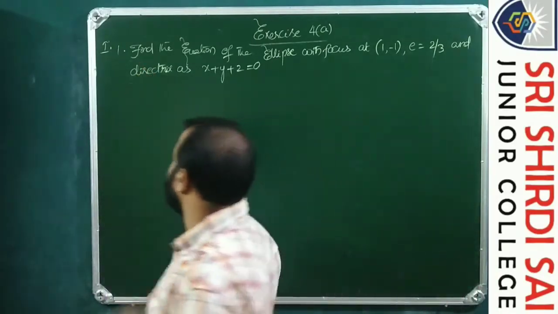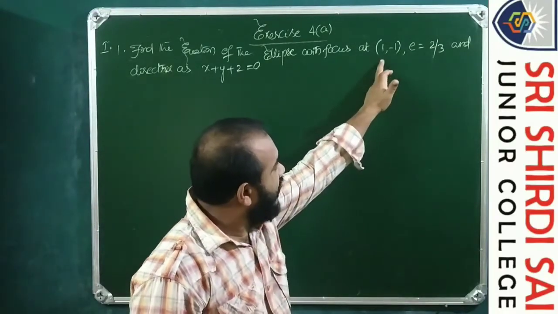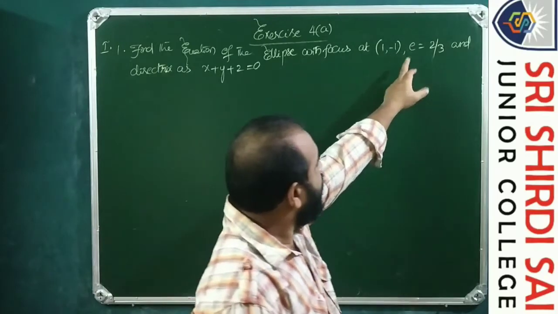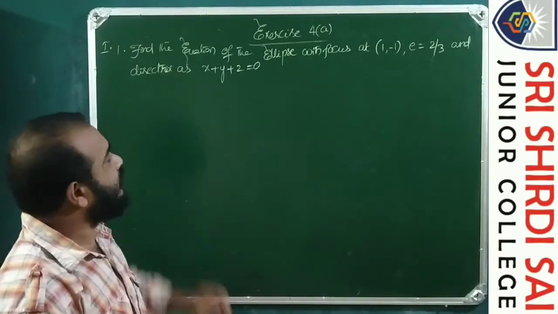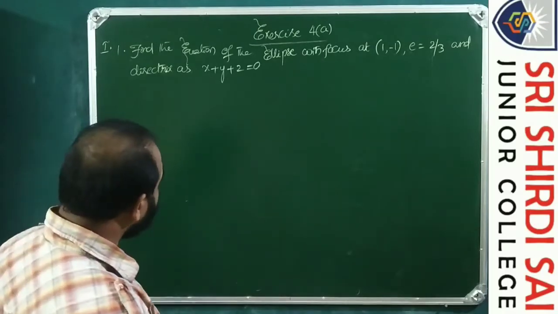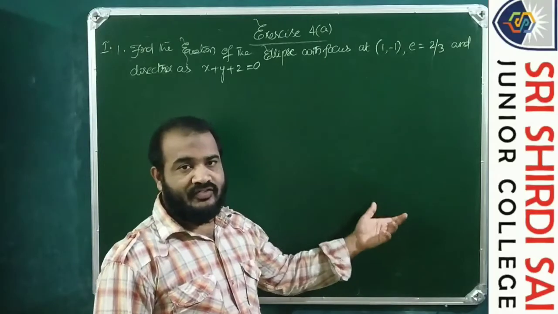The first question is: find the equation of the ellipse with focus at (1, -1), eccentricity 2/3, and the directrix as x + y + 2 = 0. So this is the definition of a conic itself.